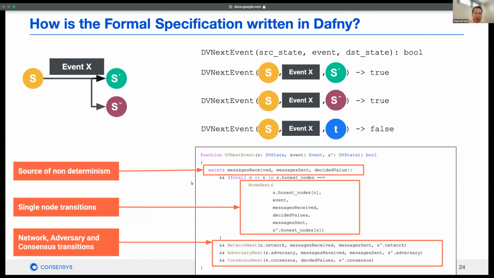And here you can see that we have quantified variables like message received, message sent, and decided value. And because there are many values for these variables that can make this predicate become true, that's why we have non-deterministic behavior.